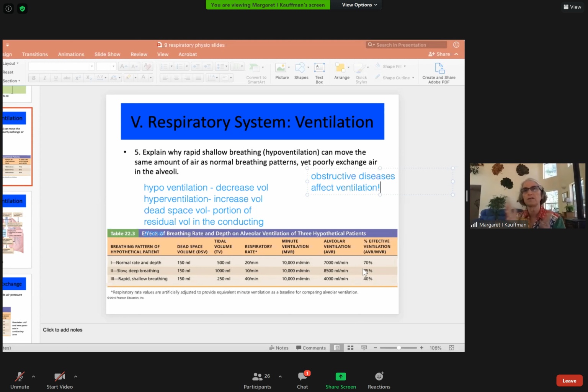So that means something like asthma, where you have maybe both, a major histamine release so that the bronchi are all constricted, and then mucus secretion increases and makes the resistance go up and the diameter go down even more.